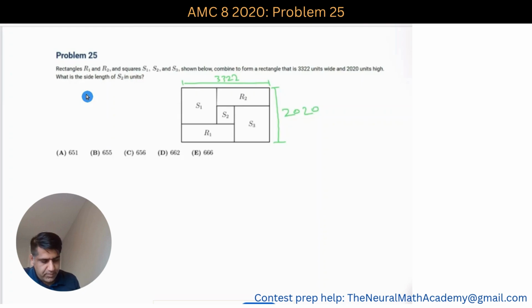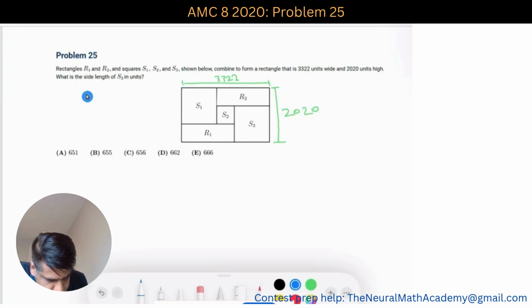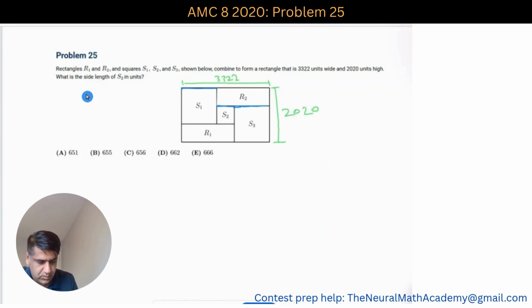From here, we can make an observation that the sum of the sides, S1 plus S2 plus S3, is equal to 3322.